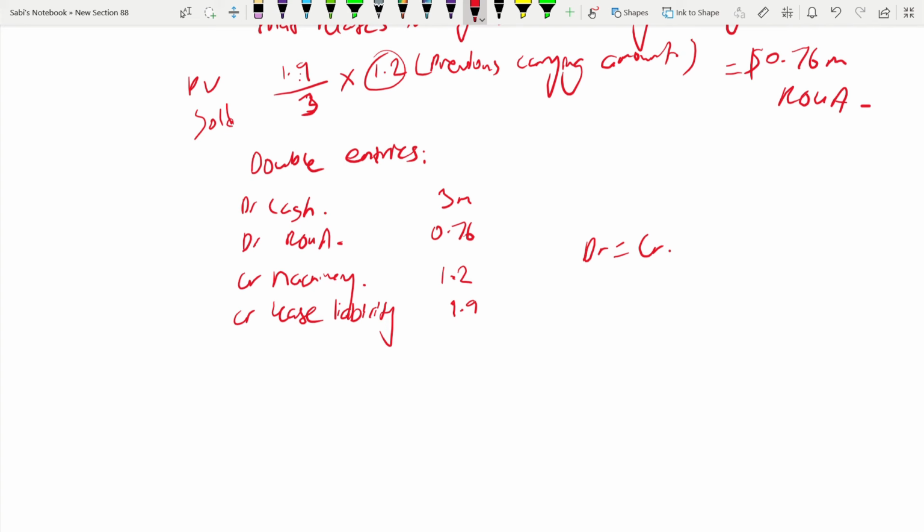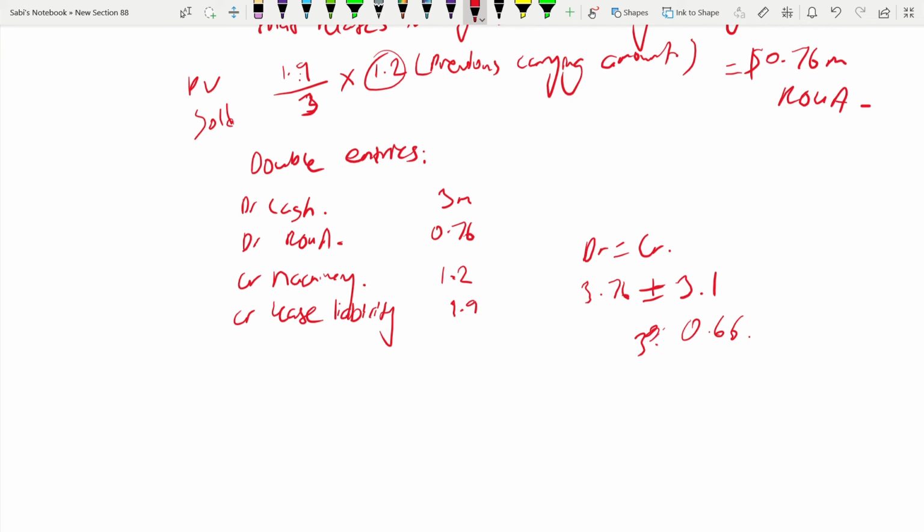Here also, the debit side is 3.76, 3 plus 0.76, and credit side 1.2 plus 1.9, how much? 3.1. So you see it's not matching. If you take the difference, 0.66.